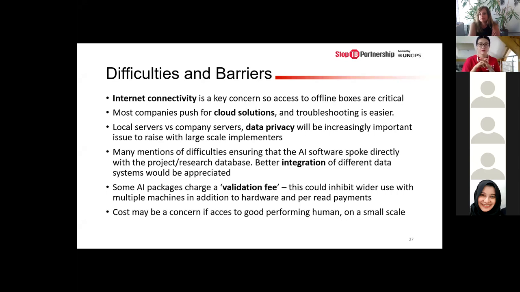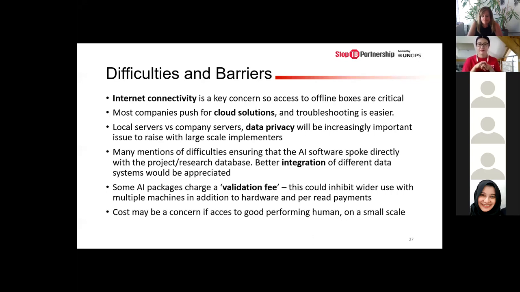Even in urban settings, if you're looking at Wi-Fi or cellular service, you don't want to have bandwidth issues and problems with internet. So users repeatedly talked about the importance of having access to offline boxes. However, in general, there was a feeling that most of the companies were pushing the cloud solution.